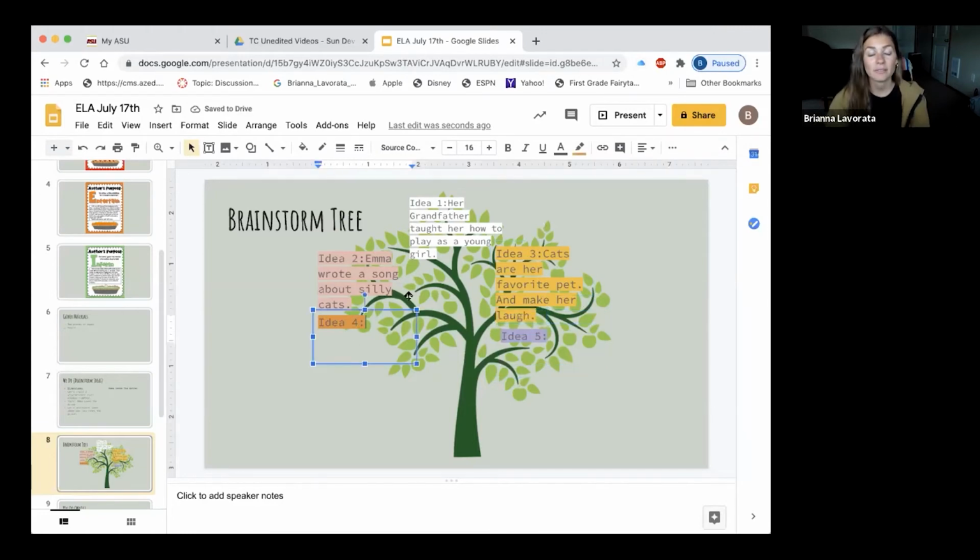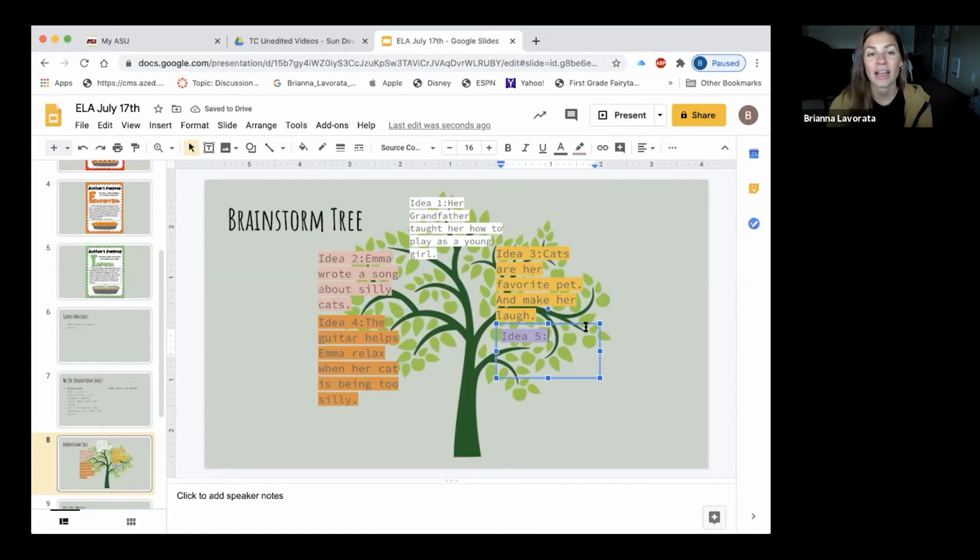We can say another reason why she loves the guitar is because idea number 4 in the orange, we can say Emma loves the guitar because it helps her relax. We can say the guitar helps Emma relax when her cat is being too silly.